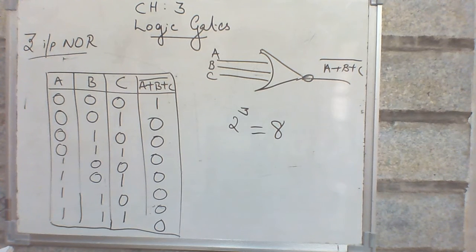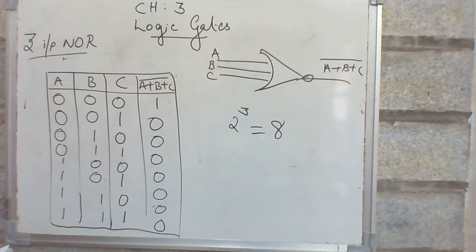Then NOR gate. What is a NOR gate? NOR gate means OR gate followed by one NOT gate. In OR gate, if all the inputs are 0, output will be 0.